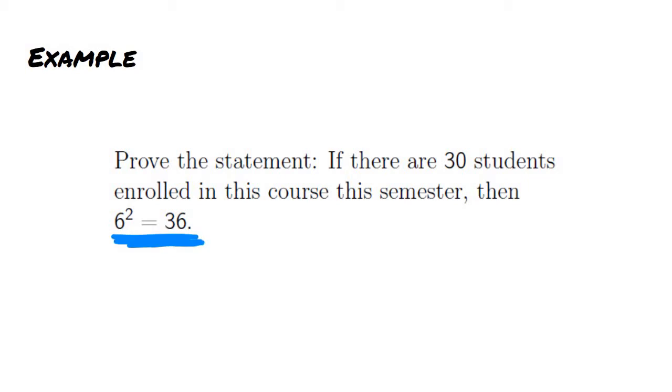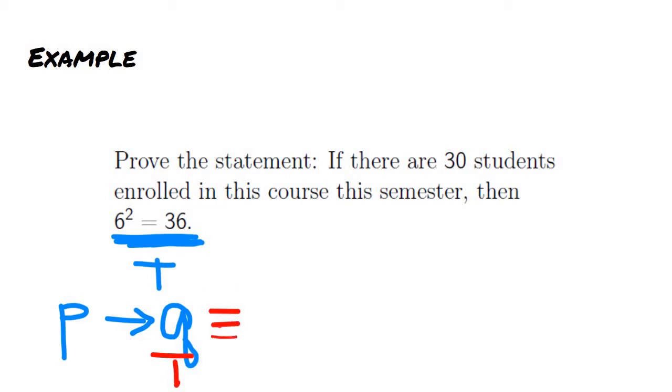You have 6 squared is equal to 36. And again, we know that the Q, the consequent, is already true. And from the previous definition, the implication will be automatically true by trivial proof.